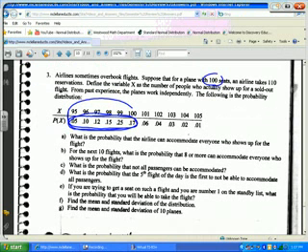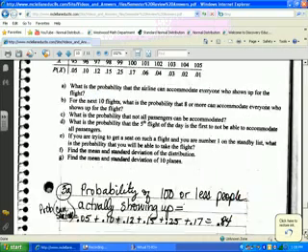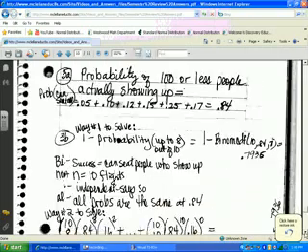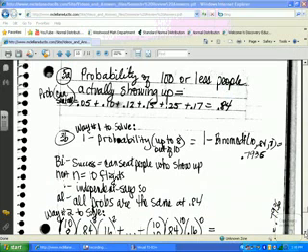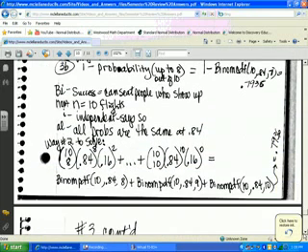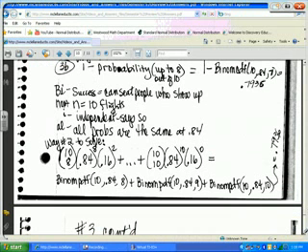Okay? B, for the next 10 flights, what's the probability that 8 or more can accommodate everyone? Okay. So, if this is the probability of accommodating people, right here, then there's a couple ways you can solve 3B. If I want 8 or more, that means I want the probability of 8 plus the probability of 9 plus the probability of 10. So, that's pretty easy.